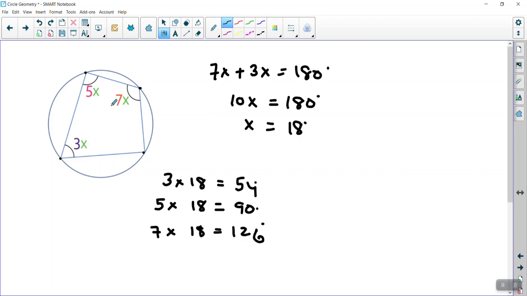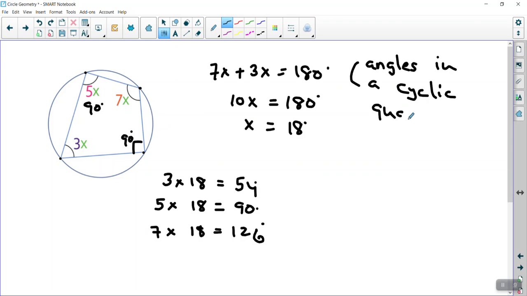But in this particular case, we see that this angle is 90 degrees, which means that this one has to be 90 degrees as they are opposite to each other and they are cyclic. That means they have to be supplementary, right? The rule that we used here is angles in a cyclic quadrilateral. This is a theorem we used over here.